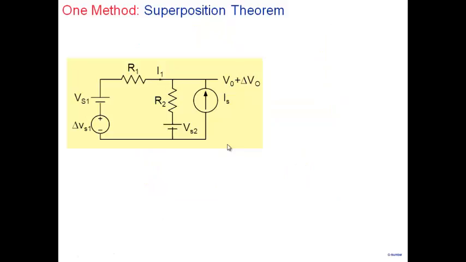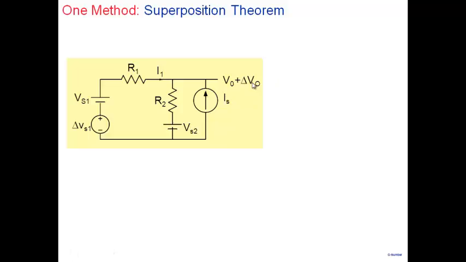A simple way of getting the answer, as all of you know, is that this is a linear circuit. I can use superposition. Earlier we had Vs1 and it was giving me V0 here. We know what V0 is. Now we've added another source, delta Vs1, and I want to know how much is the change here.